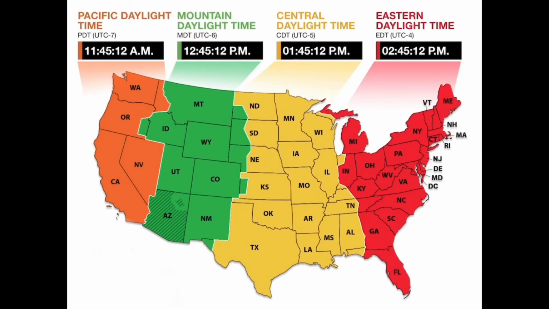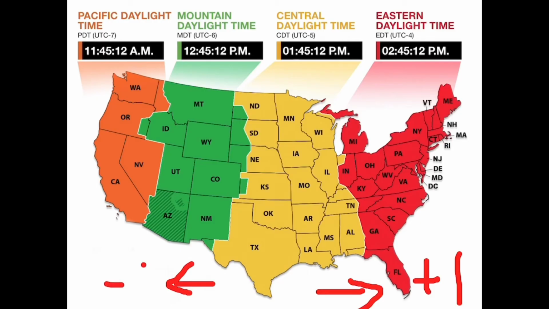So the key to figuring out the time zone is to find out which direction you're going. If you're going east, then you plus 1 hour for each time zone. If you're going toward the west, then you minus 1 hour for each time zone.